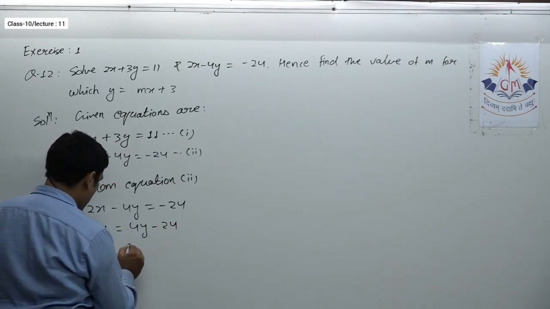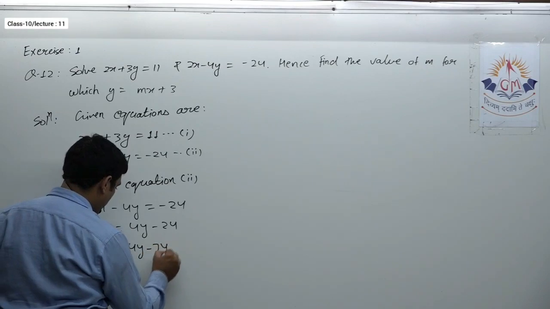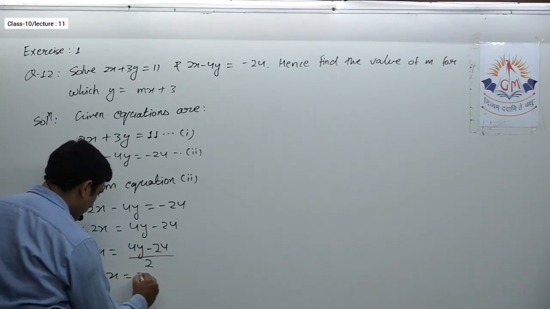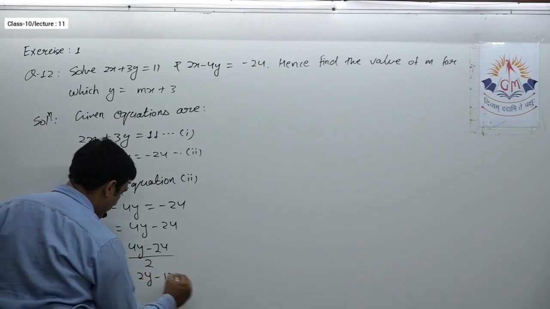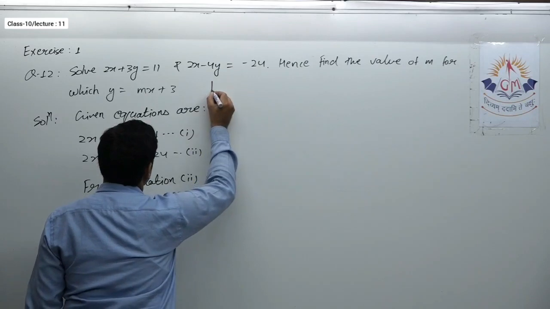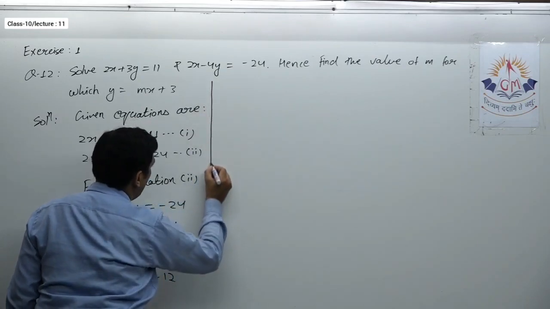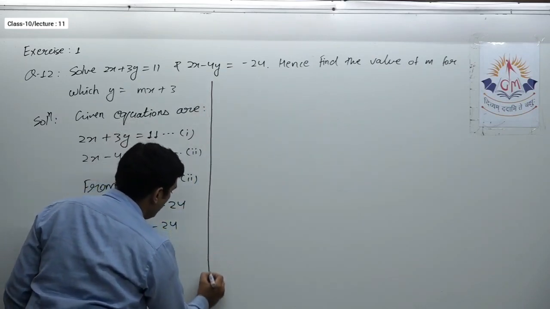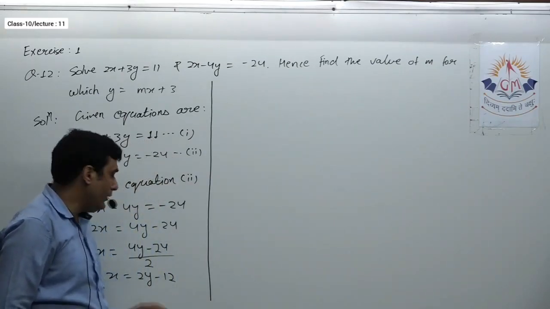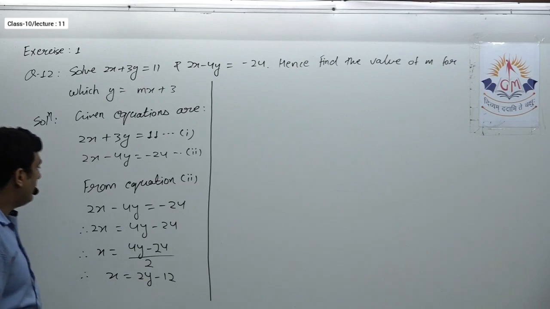Therefore x is equal to 4y minus 24 divided by 2. So ultimately x is equal to 2y minus 12. This is the value of x. Now we have to substitute this value of x in equation number 1. Try to do it on your own. I am giving you 1 minute, then I will give you the remaining solution.